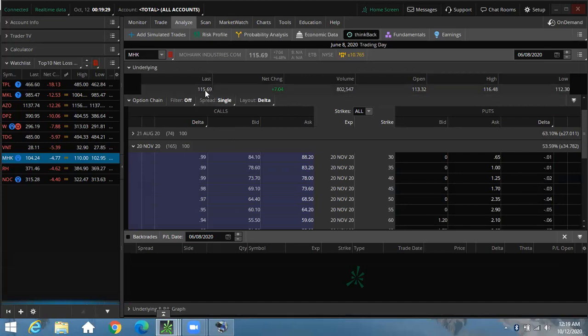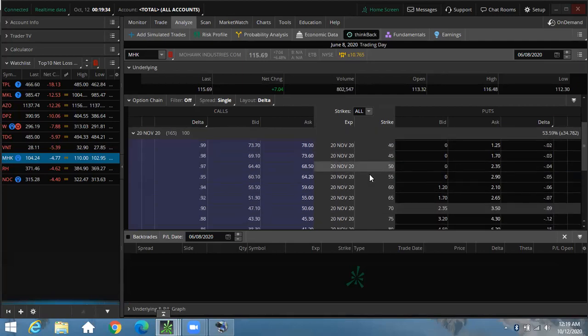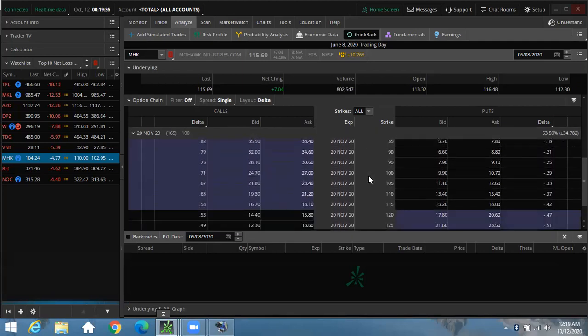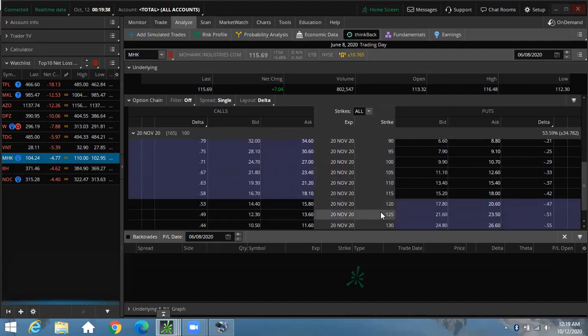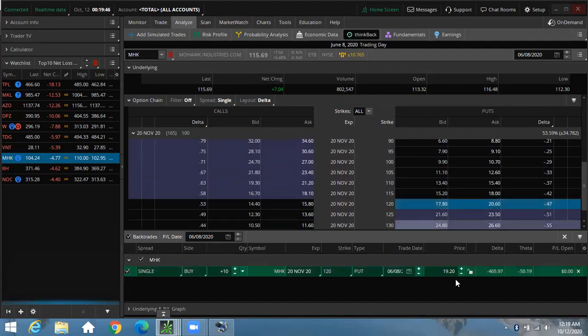So what we'll do is we'll go $5 over the 115 strike and look at the 120 strike. With the 120 strike, if you bought a put contract, you would pay $1,920 for the right to sell someone your stock for $120 a share.